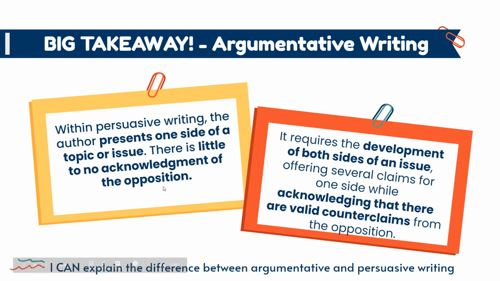Okay, big takeaway, argumentative and persuasive. So persuasive writing, the author presents one side of a topic or issue. There's no acknowledgement of the other side. Argumentative requires development of both sides of the issue, acknowledging there are valid counterclaims from the opposition.